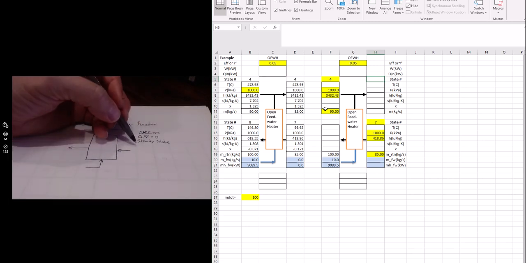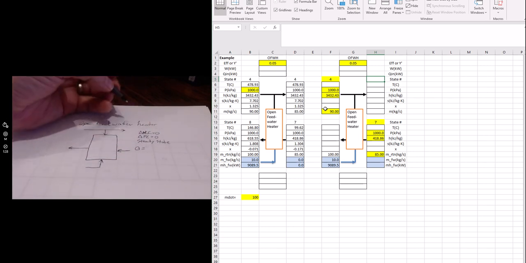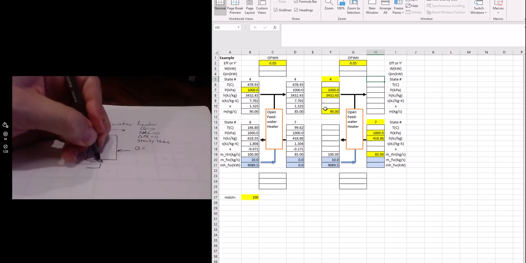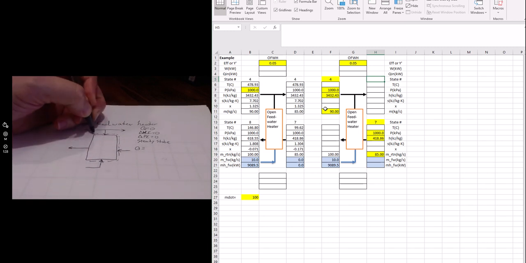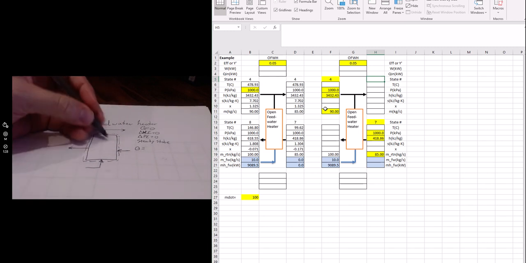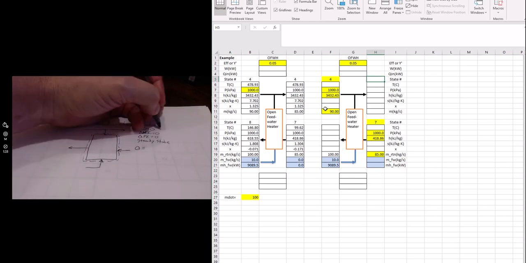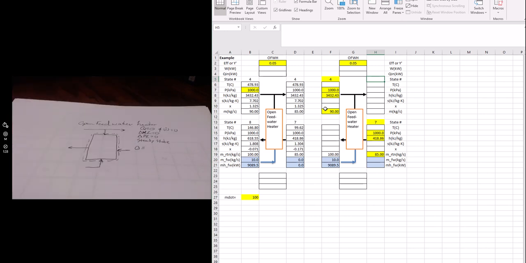So we have dE_CV/dt is 0, and also we're going to say that Q is equal to 0. So our system boundary is on the outside of the box here. So all the heat transfer is taking place inside, and also there's no work. So no power, no rate of heat transfer.